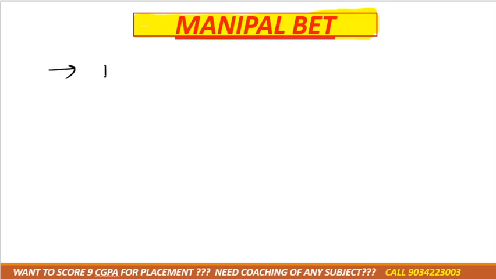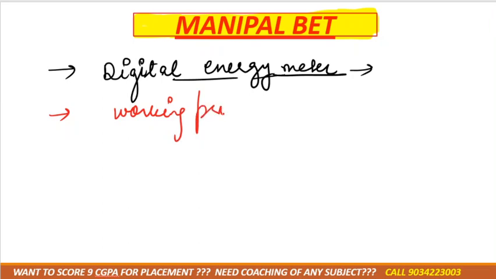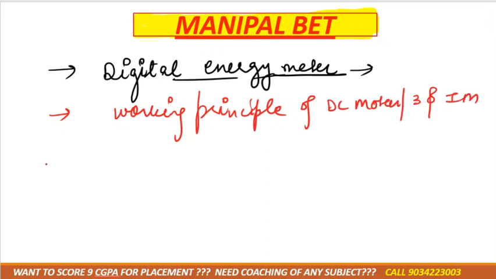So I'm writing down here the topics which are most important from the last unit. That is the digital energy meter. Okay, just cram the diagram of the digital energy meter. Next important question is the working principle of either DC motor or three-phase induction motor.